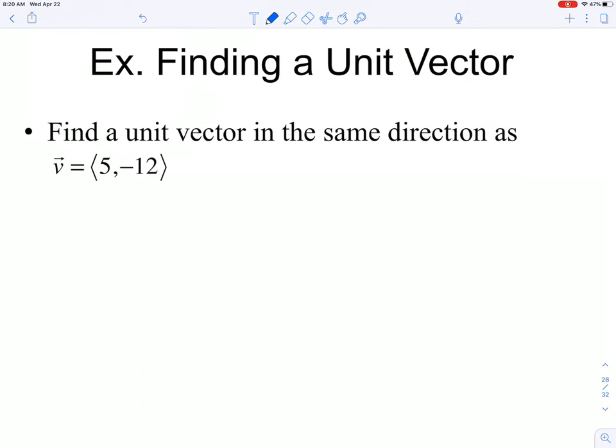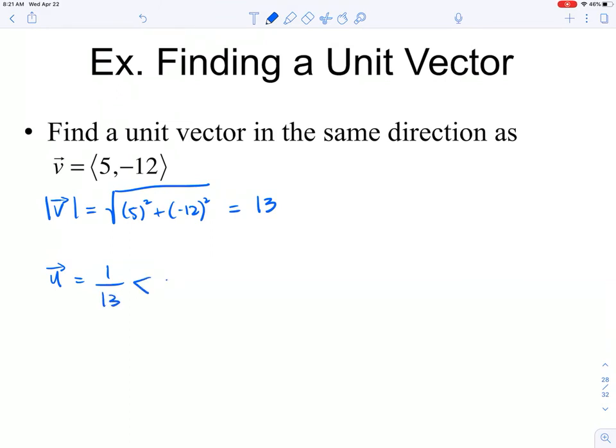Okay, so to find the unit vector for the vector V, which terminates, it looks like, at 5, negative 12, we need to first find the magnitude of vector V. That would be the square root of 5 squared plus negative 12 squared, which would equal 13.